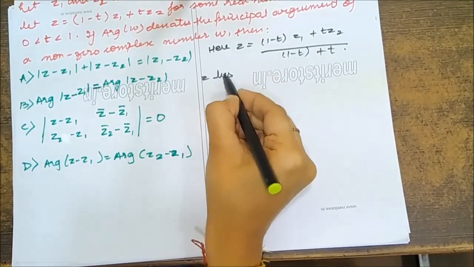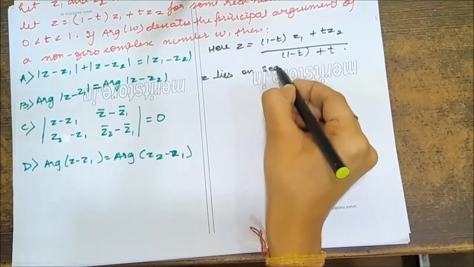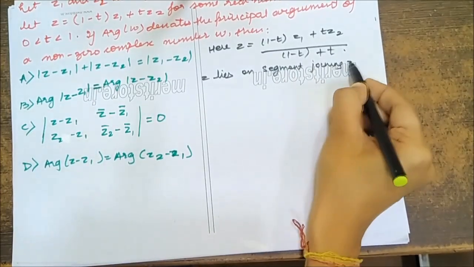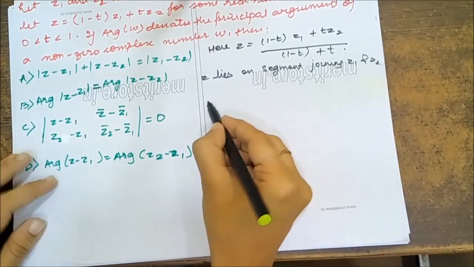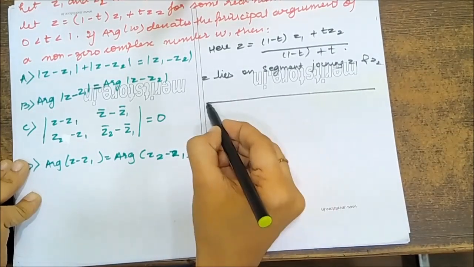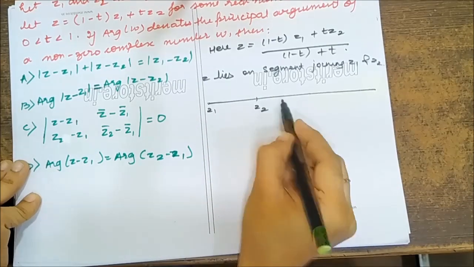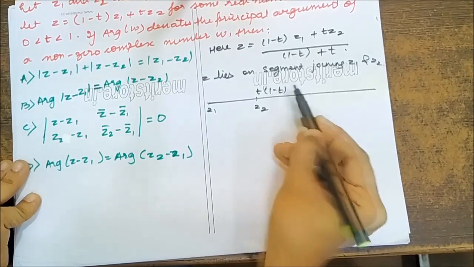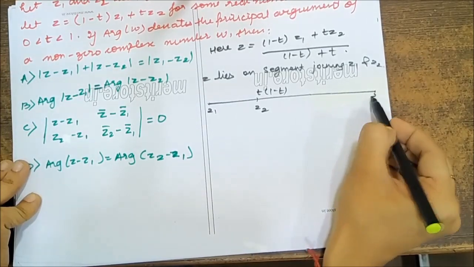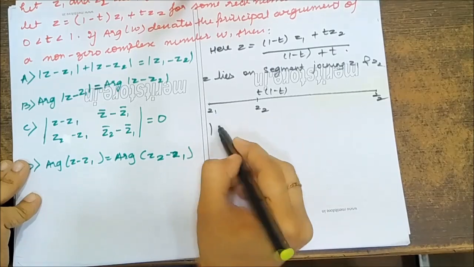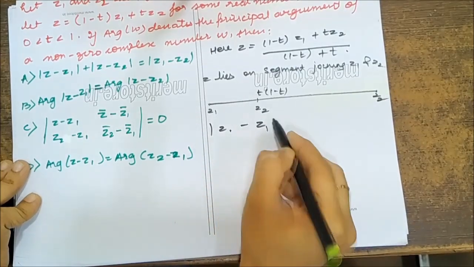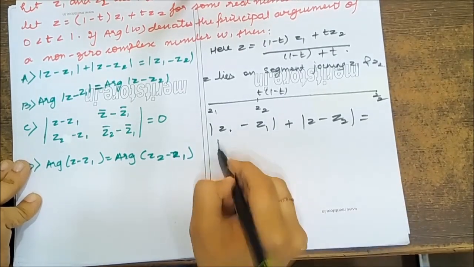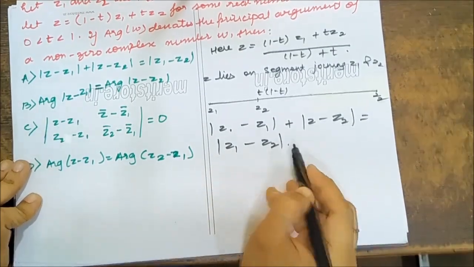So your Z lies on the segment joining Z1 and Z2. Let's draw a segment. This is our Z1, this will be our Z2, this is your t, 1 minus t. So modulus of Z minus Z1 plus modulus of Z minus Z2 will be equal to modulus of Z1 minus Z2.